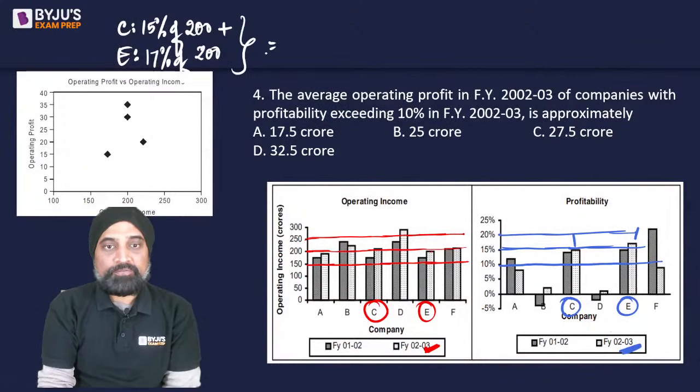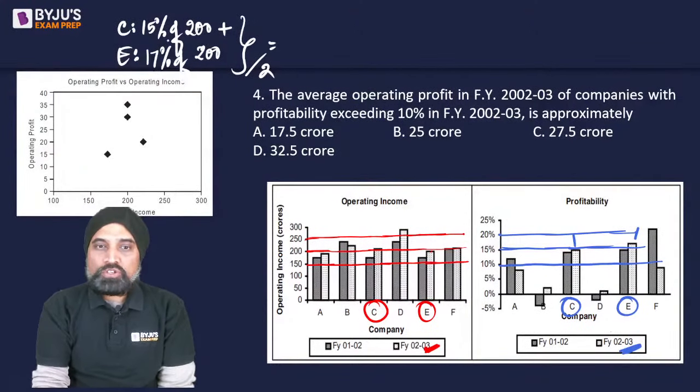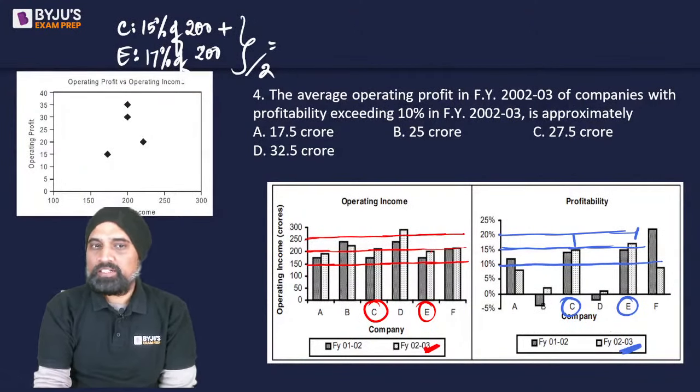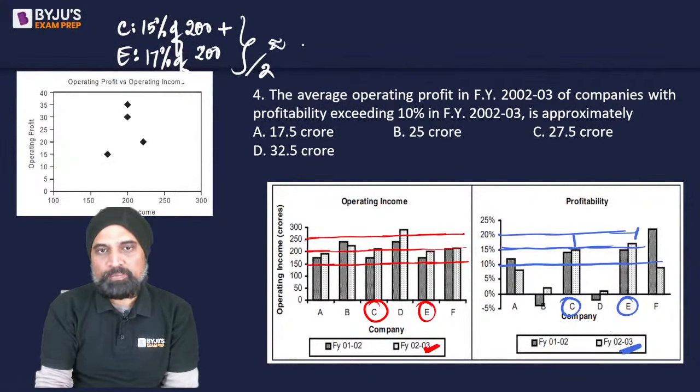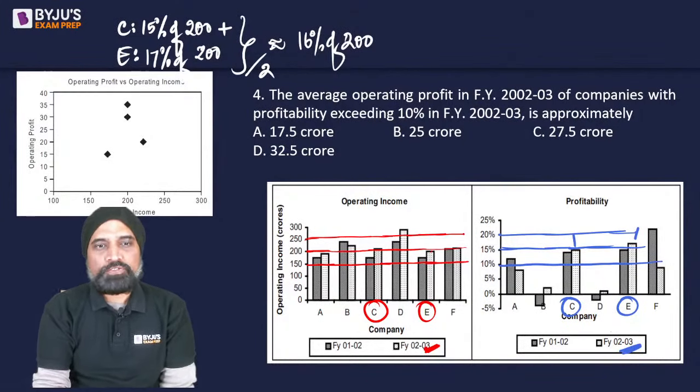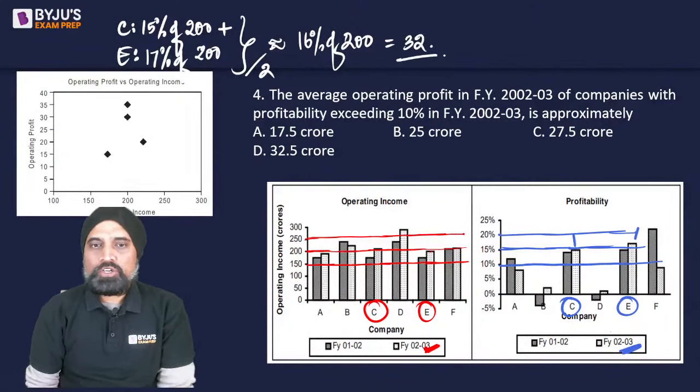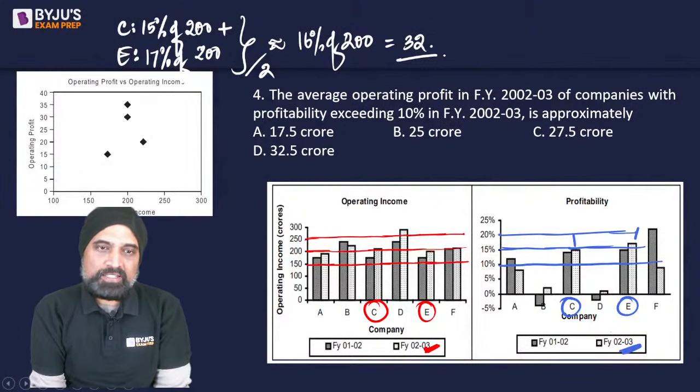Okay, and we need to divide it by 2 also. So 15% of 200, 17% of 200, the average, can I say, is going to be approximately 16% of 200. 15 plus 17 divided by 2. So 16% of 200 is going to be 32. So 32 crores is the approximate value.